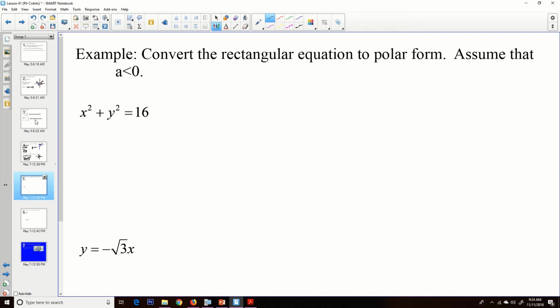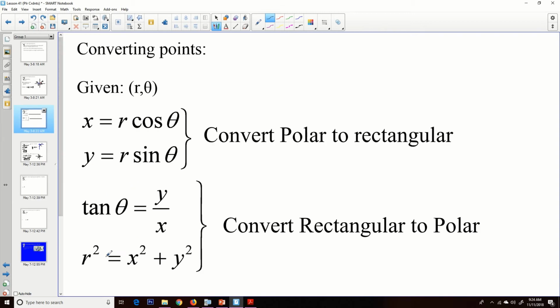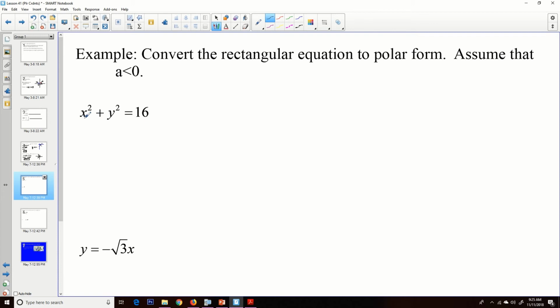But if I want to convert back, I've got an x squared plus y squared equal to r squared. Well, that's fairly easy. This thing right here is r squared equal to 16, and then r would equal 4.